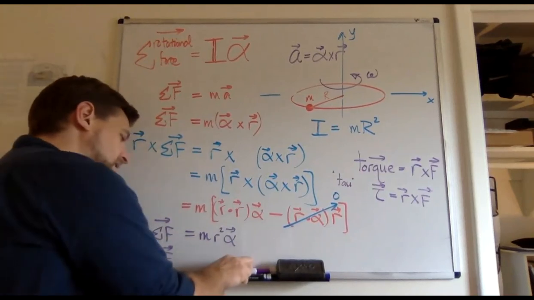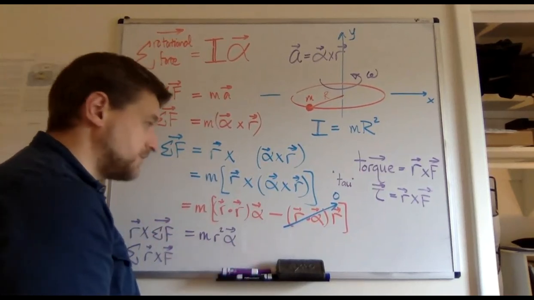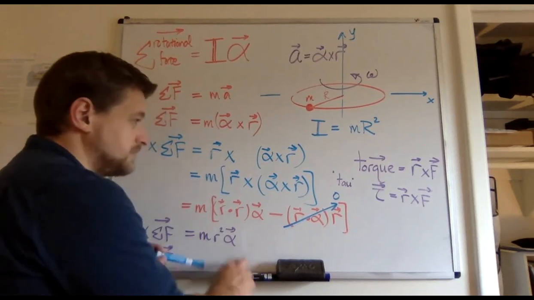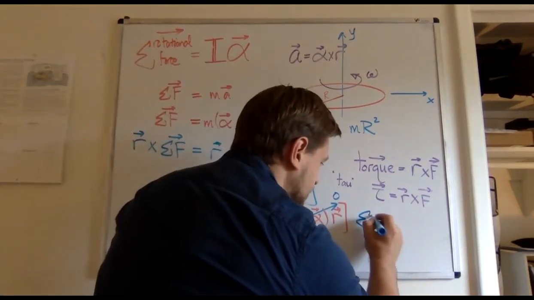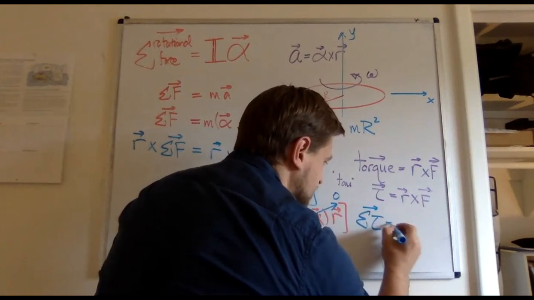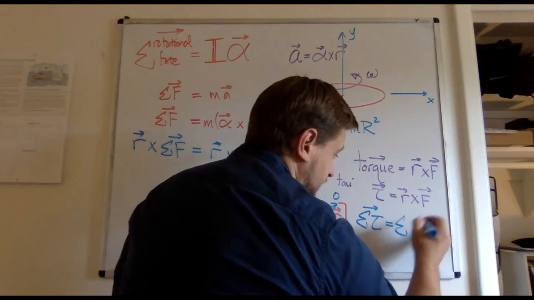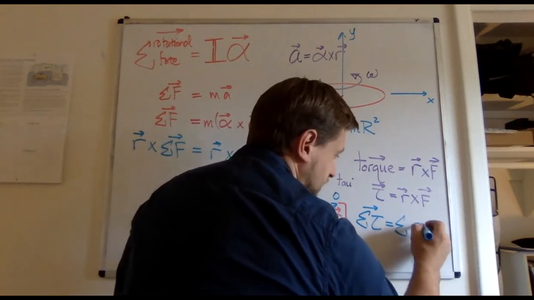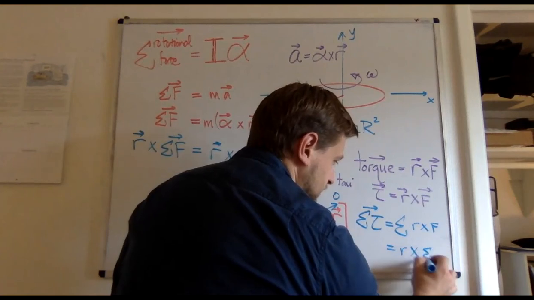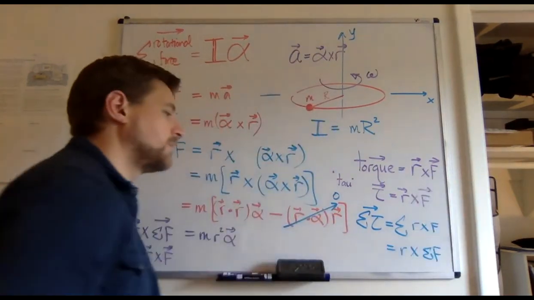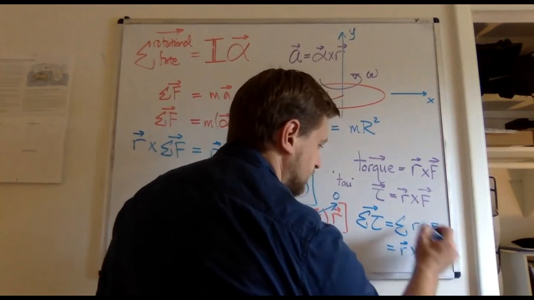And we can modify this so we can talk about the net torque. The sum of all the torques is the sum of all the individual torques, R cross F. Or it's the cross product of R and the net force.